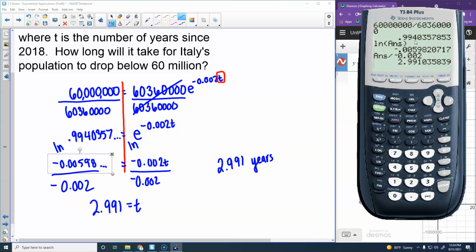So on these problems, you want to save that whole number instead of rounding, because we don't want to round until we're at the very, very end. You don't want to round to 3 places during the problem, because especially with exponentials, it will throw your answer sometimes way off, because the error you have from rounding is multiplied since it's exponential.